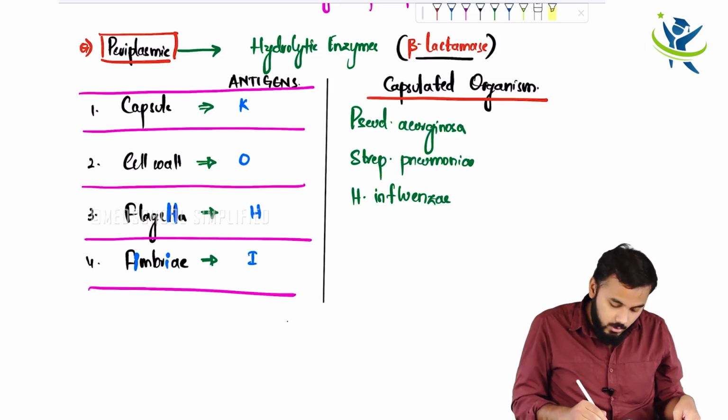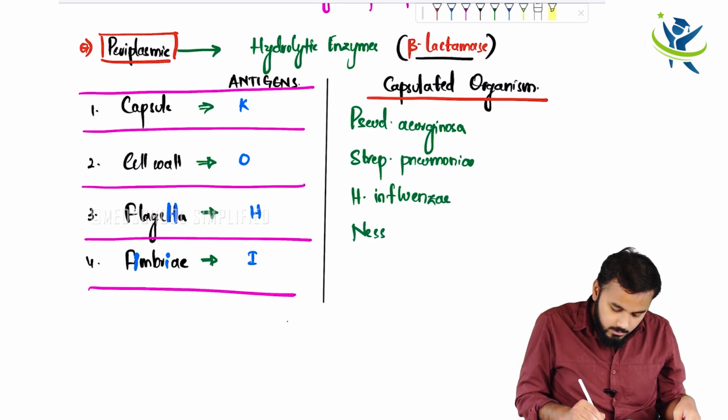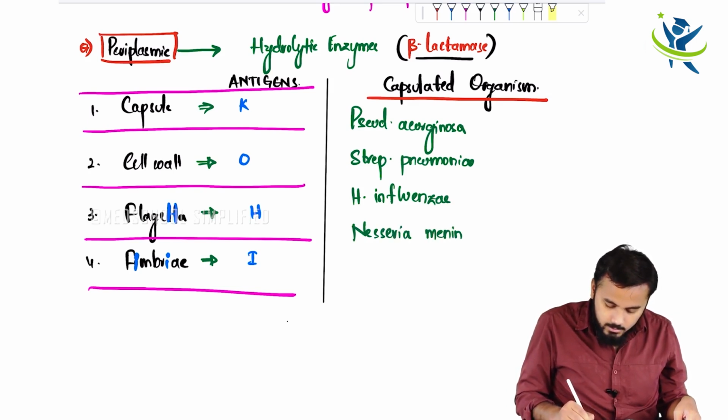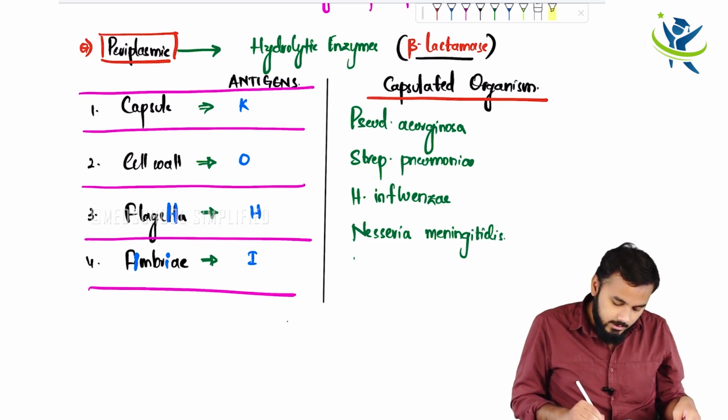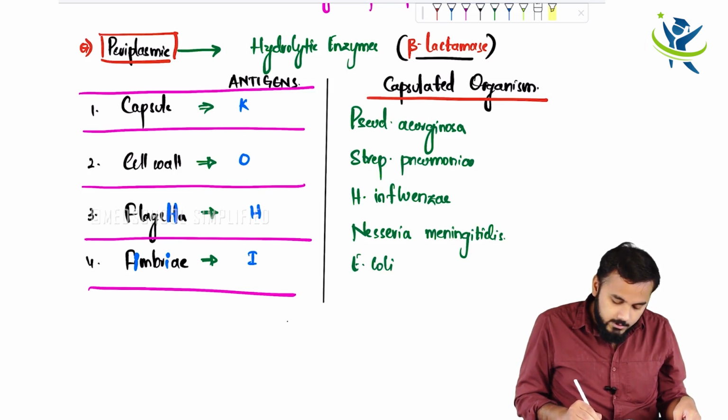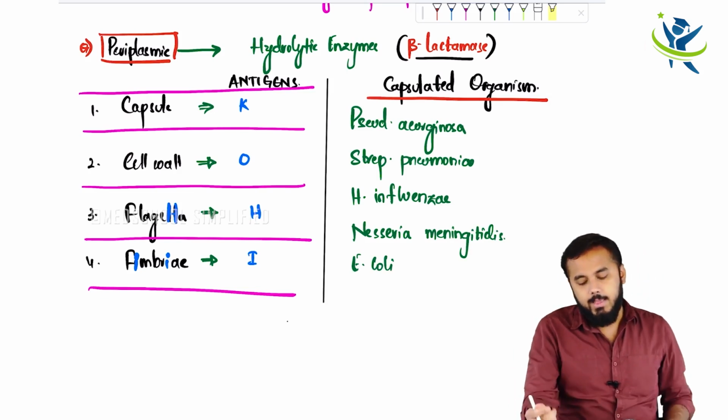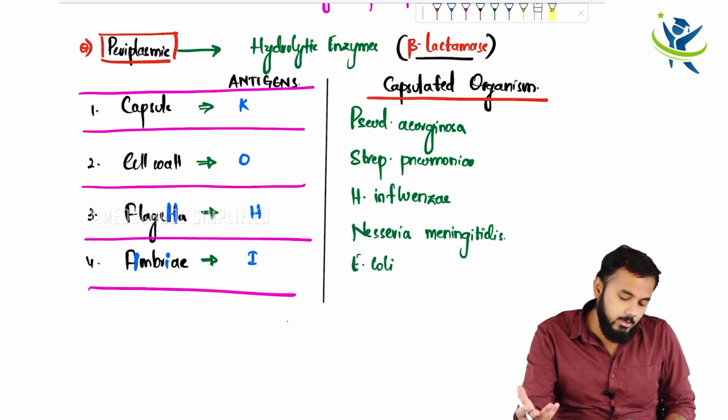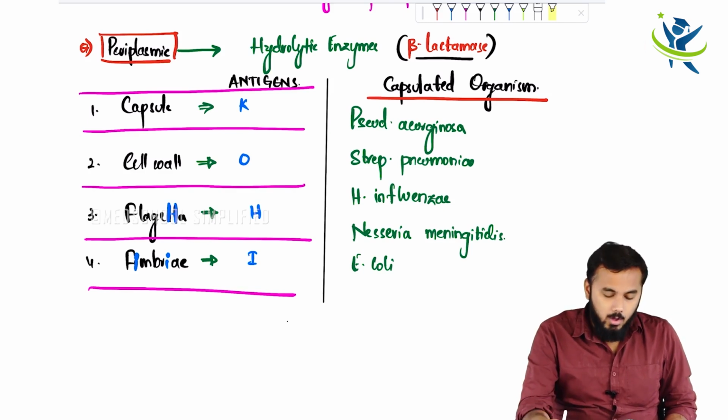Next, meningitis is caused by Neisseria meningitidis. And finally, E. coli. So all these bacteria have got capsule. So I call them encapsulated organisms or capsulated organisms.